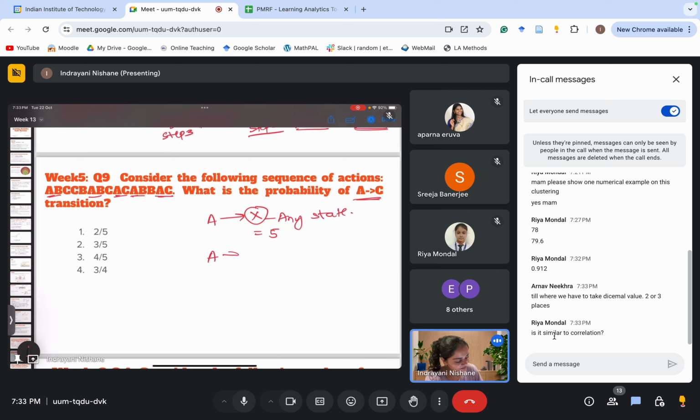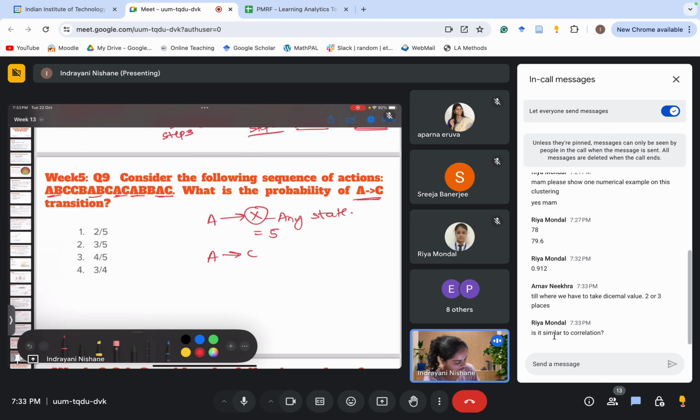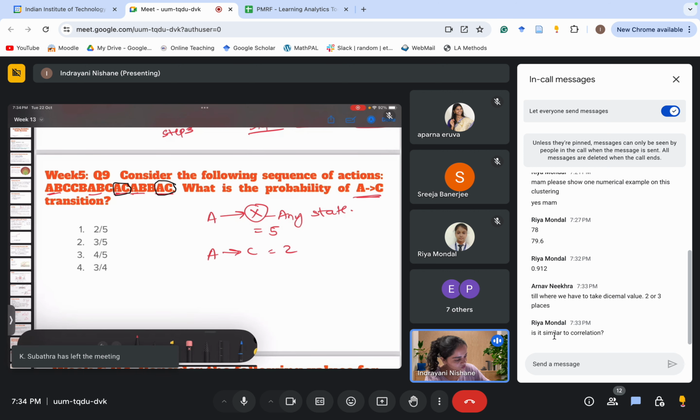Now how many times has A to C occurred? Let me change the color. A to C, this once and twice. So A to C has occurred twice. So the probability of A to C is 2 divided by 5.